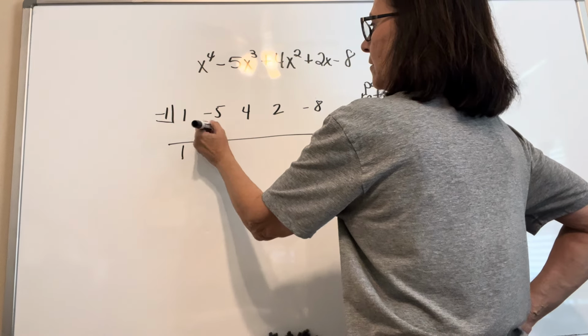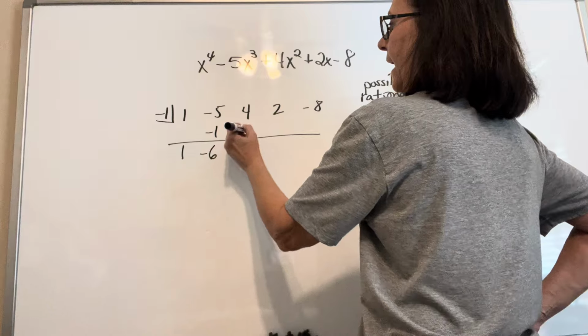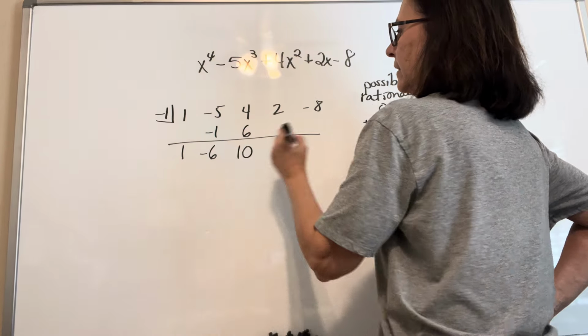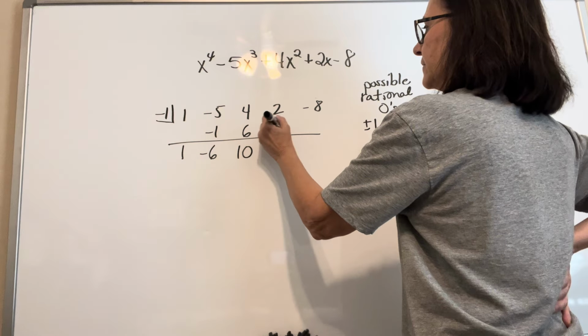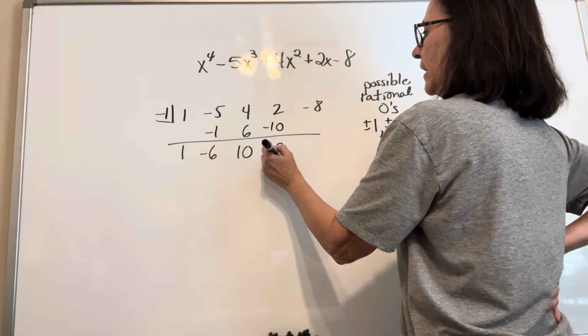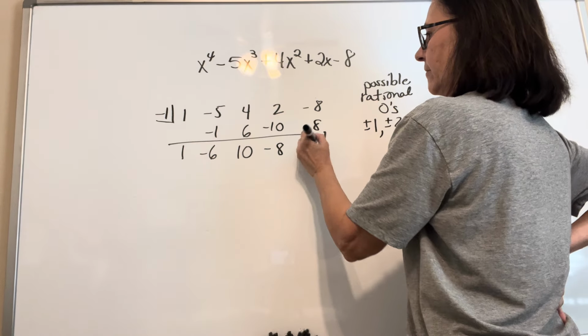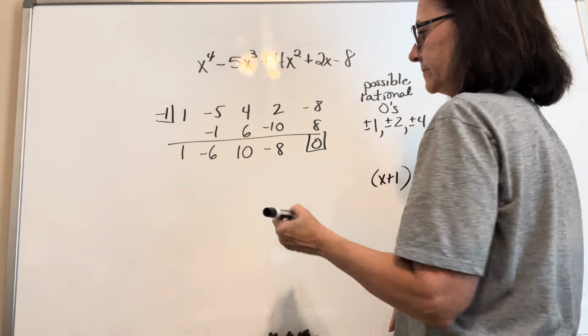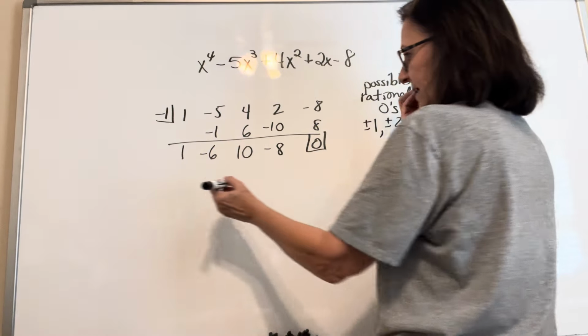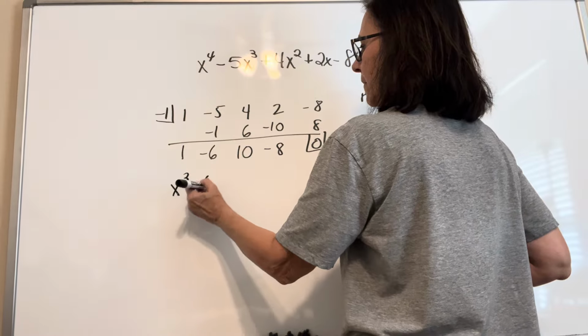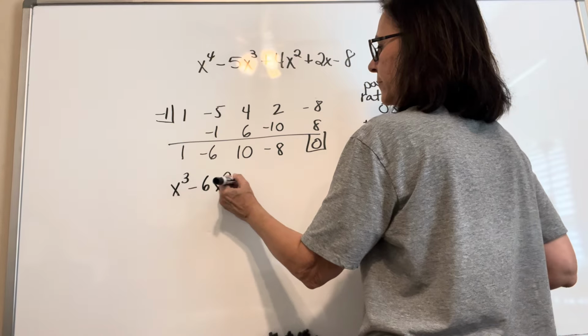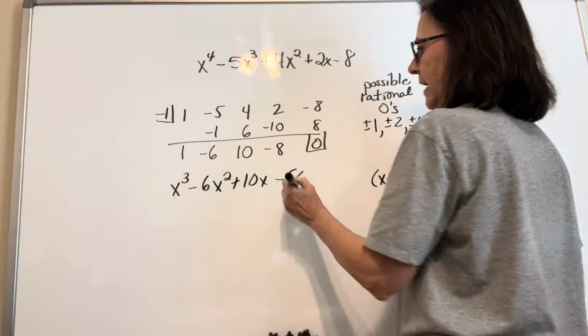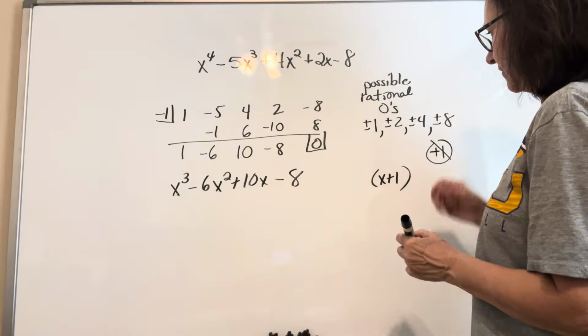Bring down, multiply, add, multiply, add. That's negative 10, that's negative 8, that's 8, that's 0. So now we have x cubed minus 6x squared plus 10x minus 8. I'm going to erase that in a minute once I find another 0.